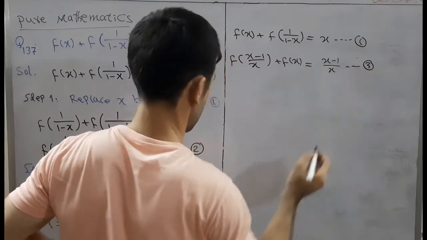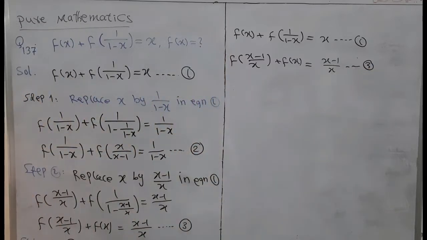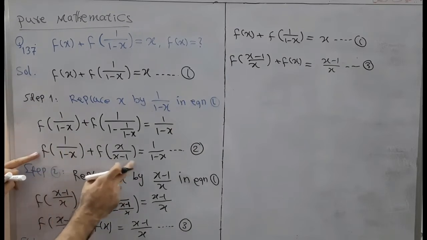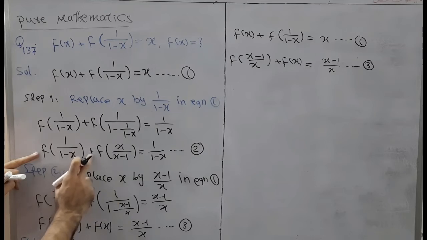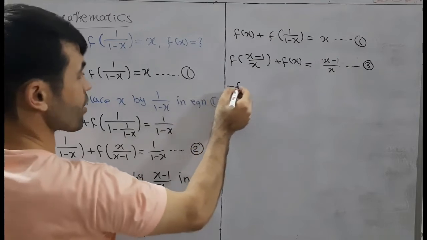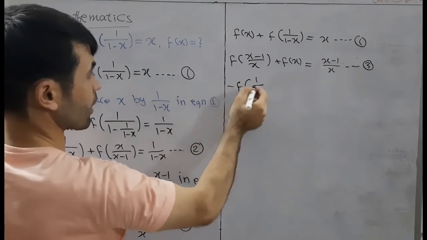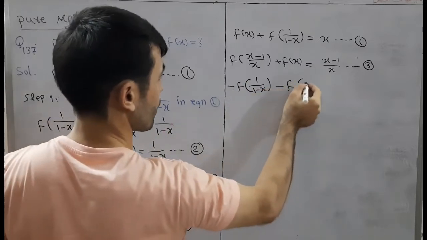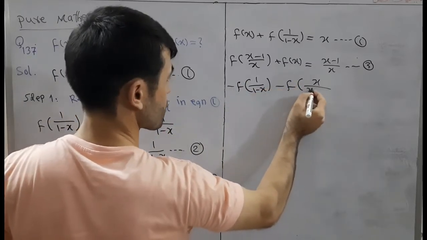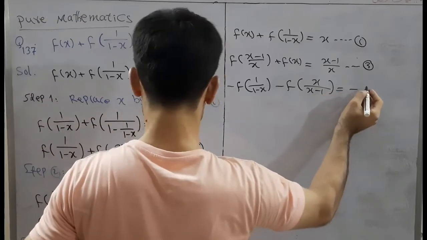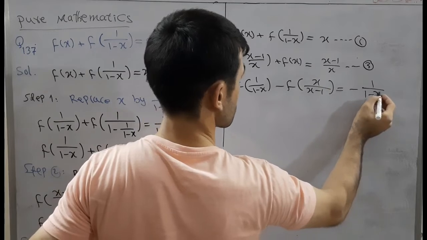Equation 3. Equation 2, subtract equation 2. Here is equation 2. We change the sign of terms of this equation: minus f of 1 over 1 minus x minus f of x over x minus 1 is equal to minus 1 over 1 minus x.